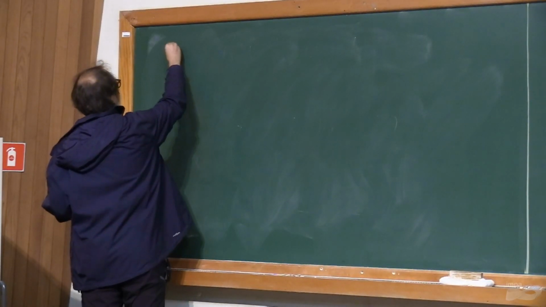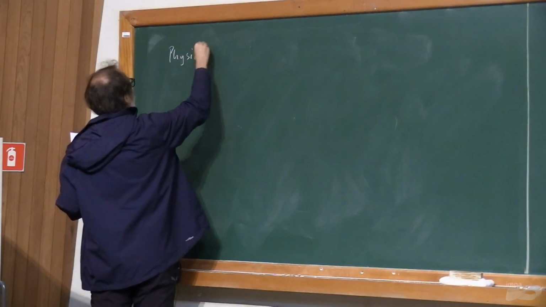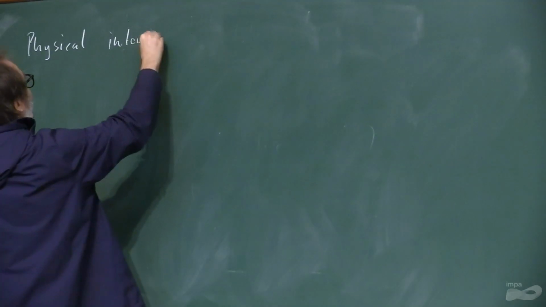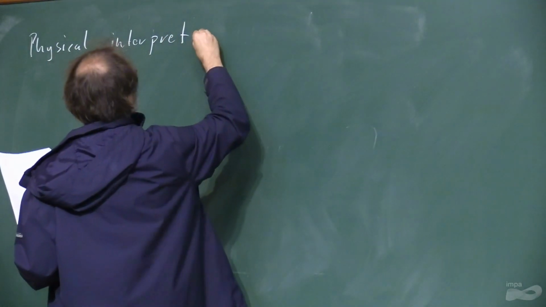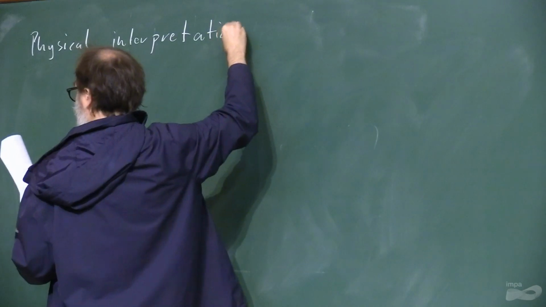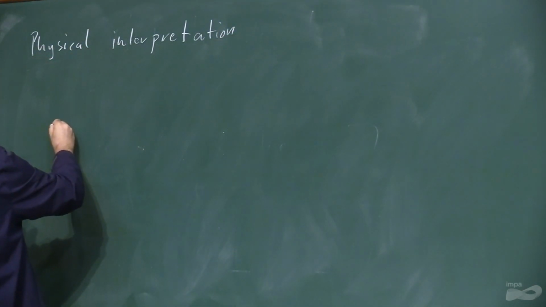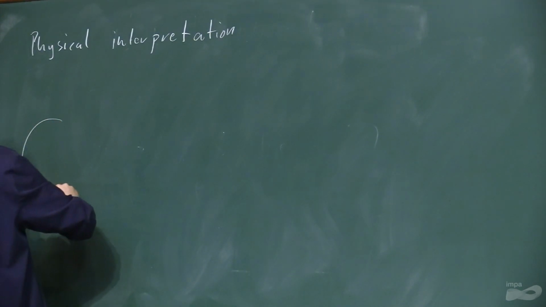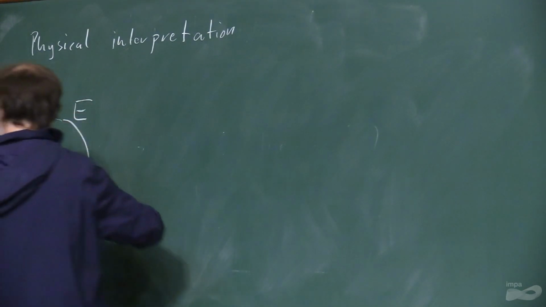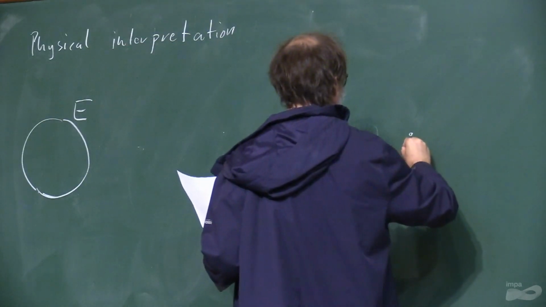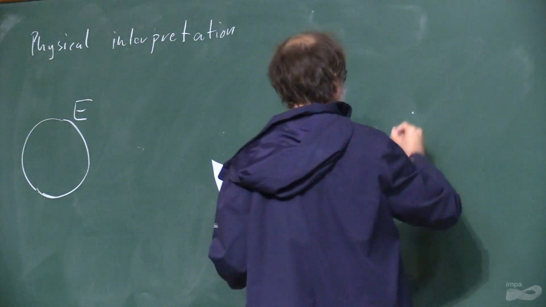So let's go to the physical interpretation. We have here the extremely heavy Earth. Here the little moon. And then the stone.